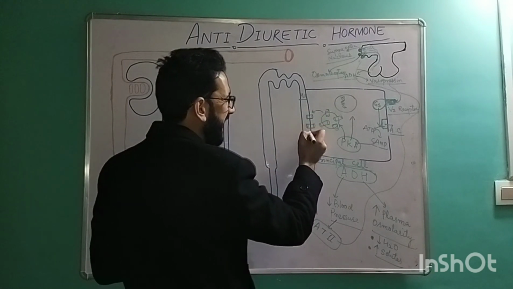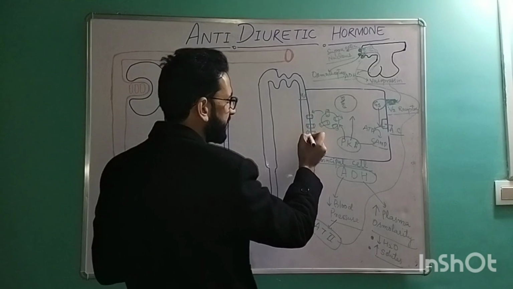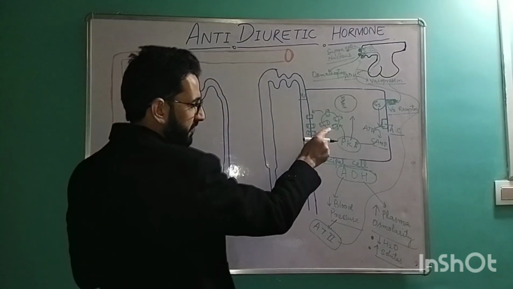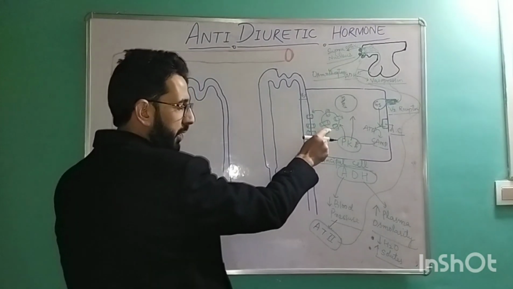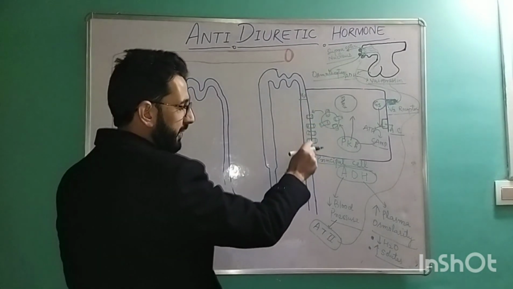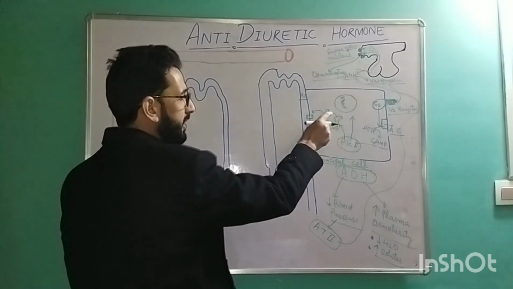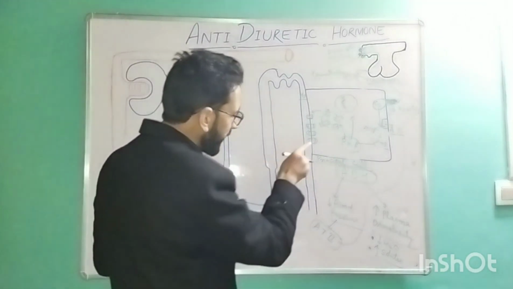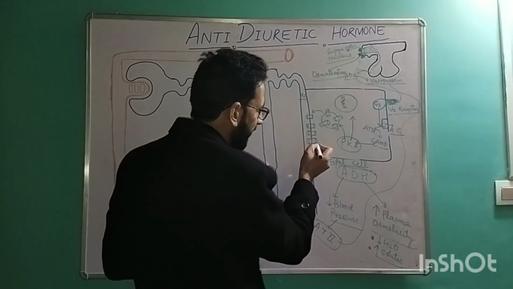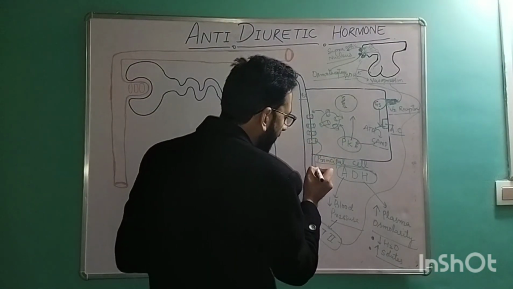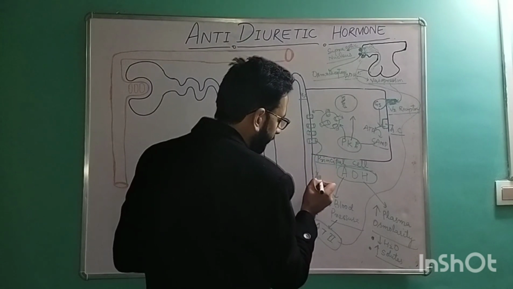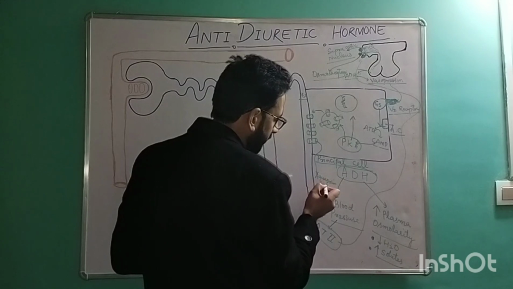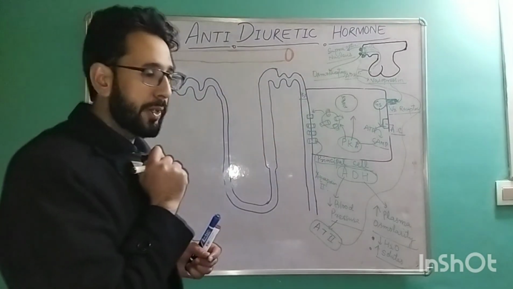These proteins are actually transporter proteins. They are actually special channels. Okay, this vesicular membrane gets fused with this membrane, and the proteins now come into this membrane. Fine? And these special channels are called aquaporin 2. Okay, aquaporin 2.